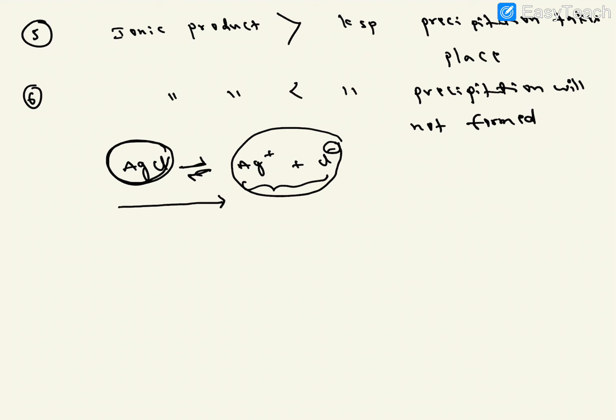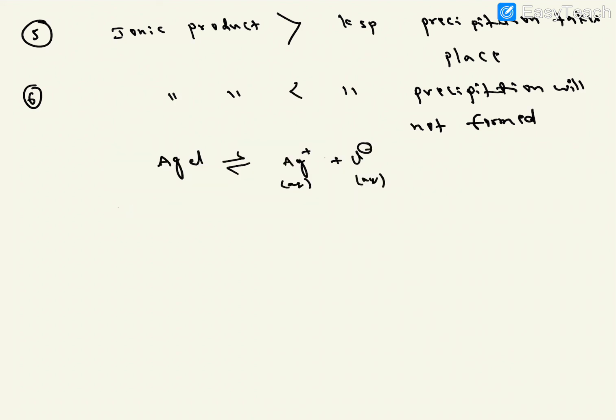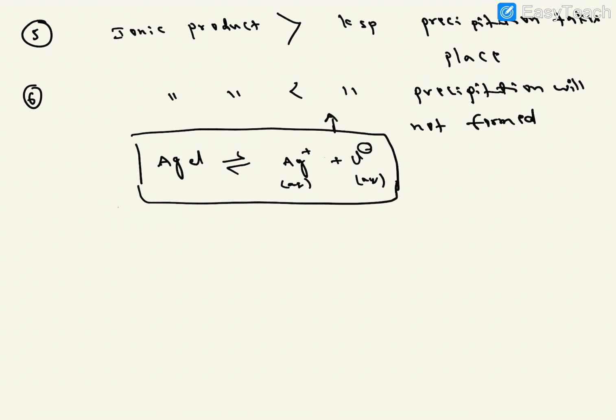When the ionic product is less, it is ready to dissociate into ions. I hope it is very clear. So once the ion concentration is more, the reaction goes backward, and when the KSP value is more than this, the reaction takes place like this.